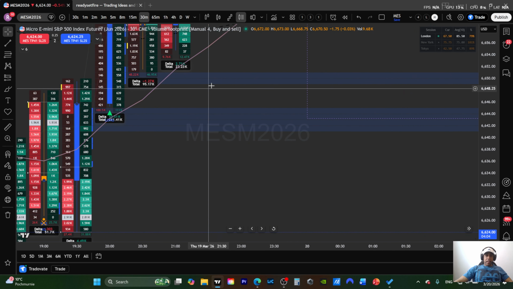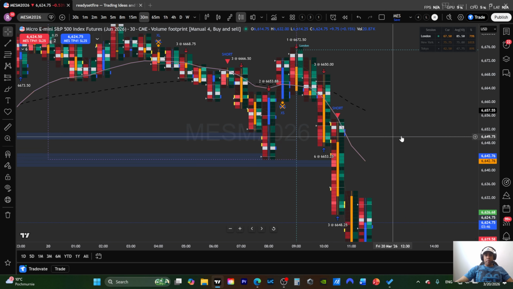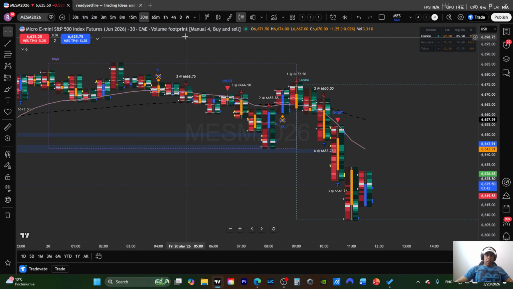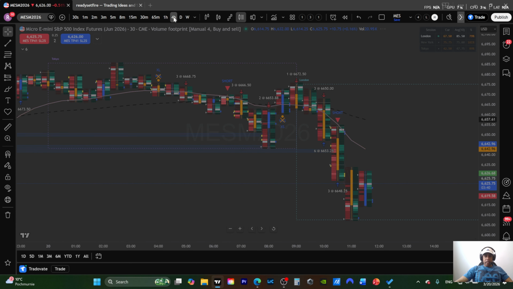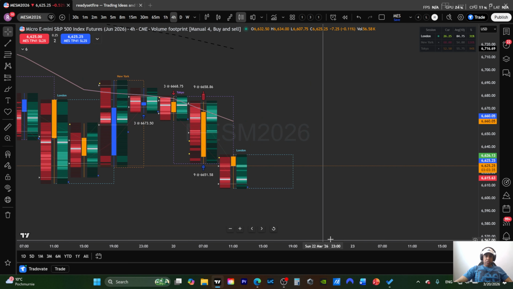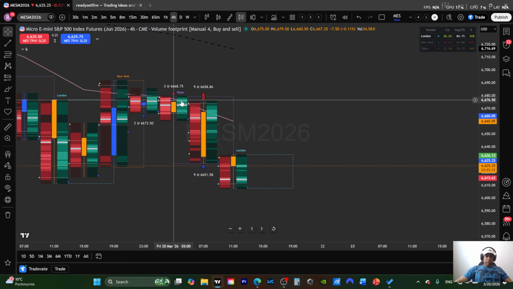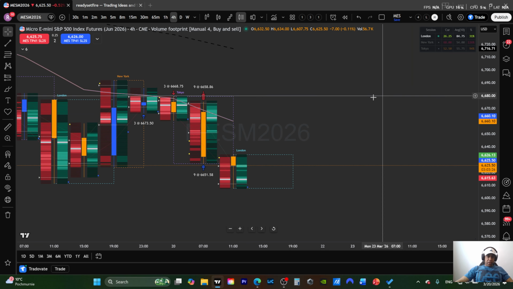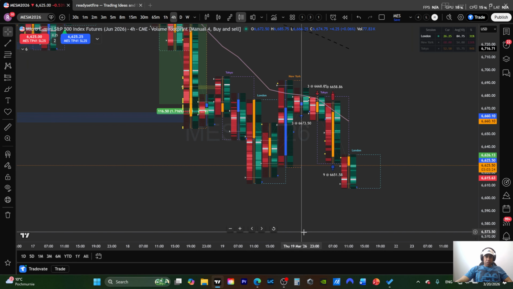But the price went right through this first stacked-up imbalance and got over here and then stopped and then went back up. I was also looking at the 4-hour chart. This is why I didn't close the trade. On the 4-hour chart, we were still below the 90 EMA, and I had a very strong bearish condition for me.